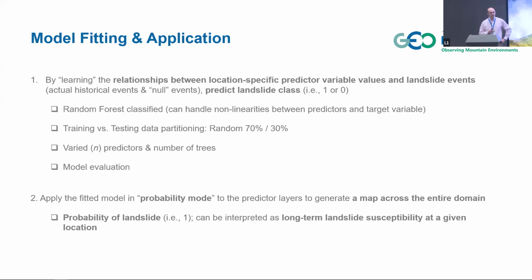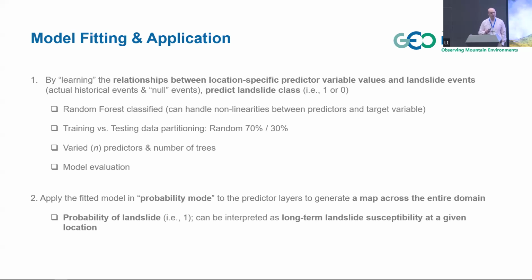In this first case, we used a fairly classical approach, random forest, which can handle these non-linearities between the predictors and the target variable. We employed a standard approach for splitting up the training and testing data randomly, we tested several different models, and evaluated the performance on this independent test data.